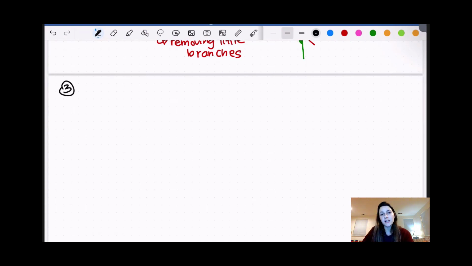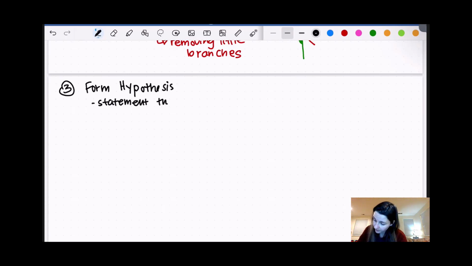We want to predict a reason, predict the outcome, predict with a statement that answers the question. Step 3, hypothesis. A hypothesis is a statement that answers a question.